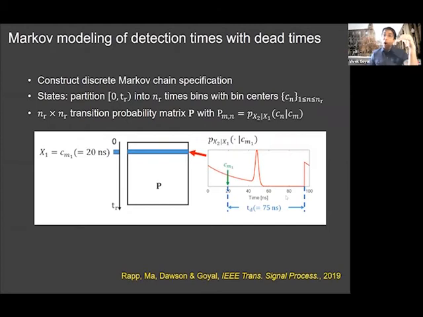So one row of this transition probability matrix depends on the position of the actual reflector in the scene and these various parameters, the repetition time, dead time, and the detection time that we're conditioning on.